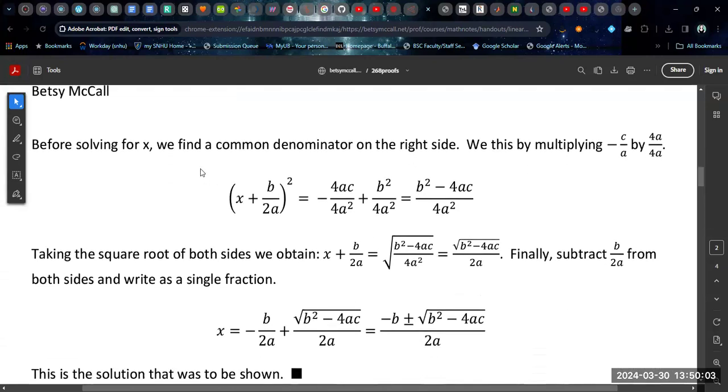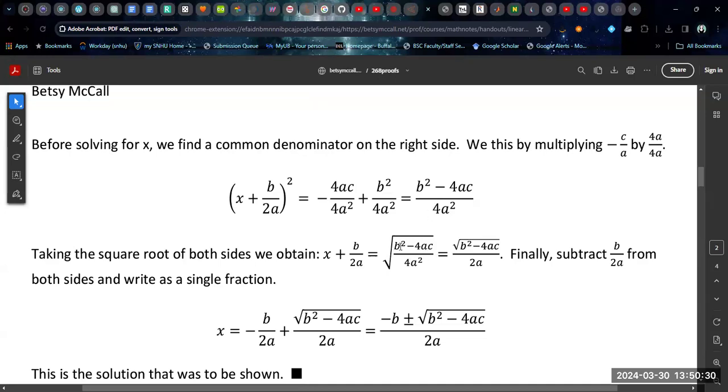Now, before I can solve for x, I want to find a common denominator on my right side of the equation. So I'm going to multiply my minus c over a by 4a over 4a. And that's going to get me this expression, b squared minus 4ac over 4a squared. And now I can solve for x by taking the square root of this expression.